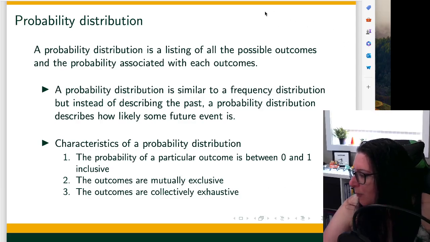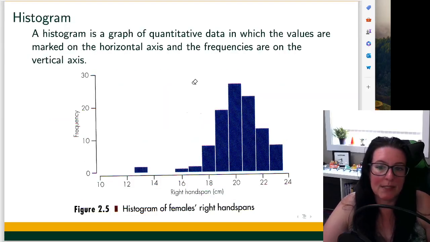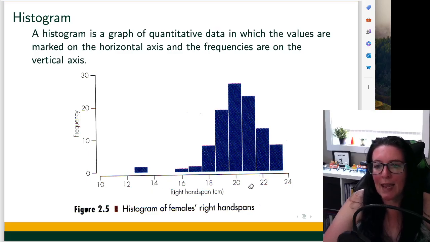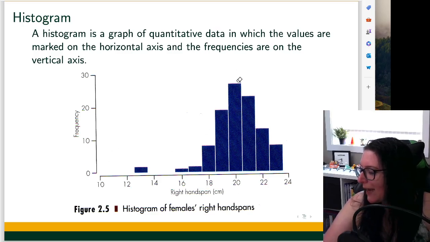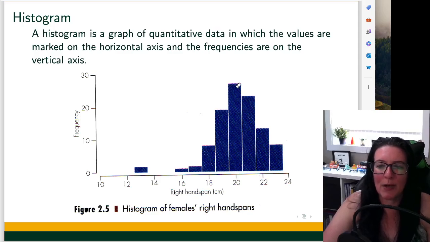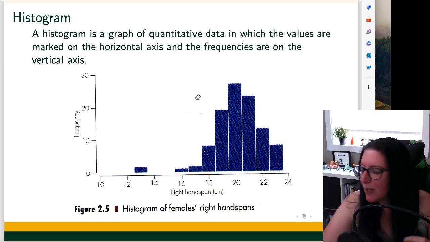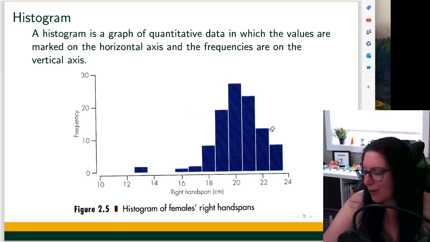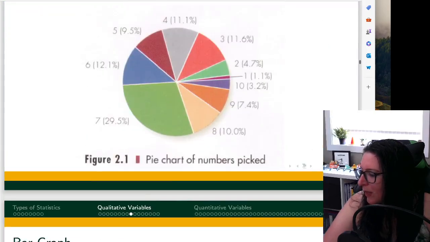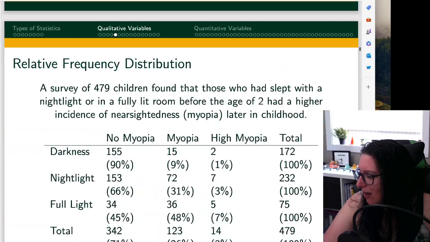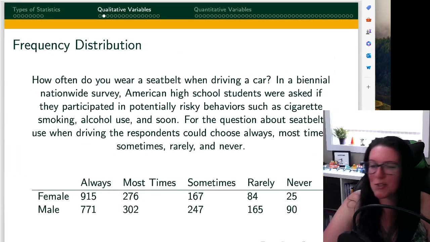So just to remind you, when we talk about a frequency distribution, a histogram is a frequency distribution. When we were looking at handspan, this looked at how many people had a handspan between 19 and 20 centimeters. So we could create a histogram that showed for our sample how many people fell into these different range groups. And if we scroll back and look at our frequency distribution tables, here's relative, here's frequency.